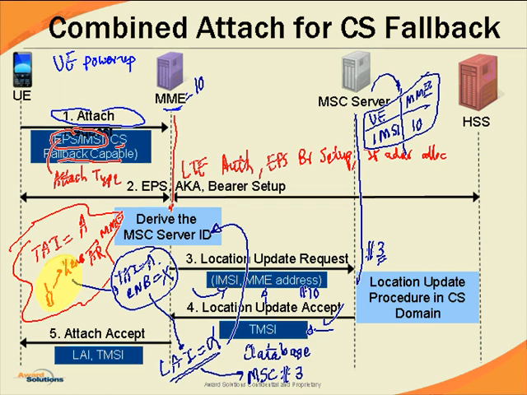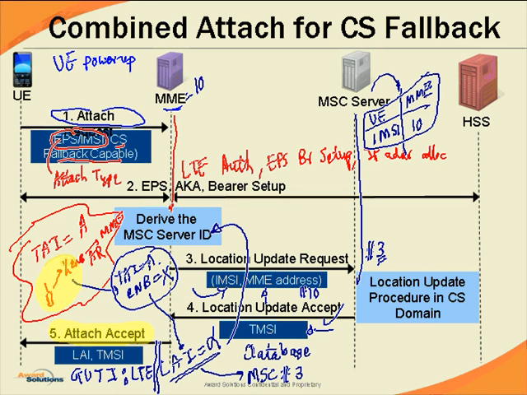In the attach accept message, normally we have GUTI present, globally unique temporary ID for LTE. So this is the identity that MME allocates to the UE for LTE.